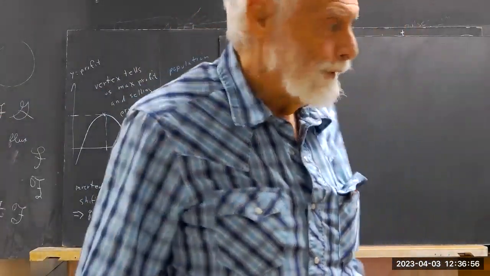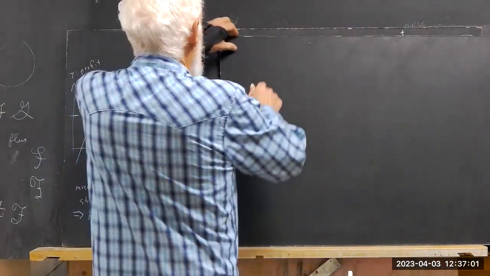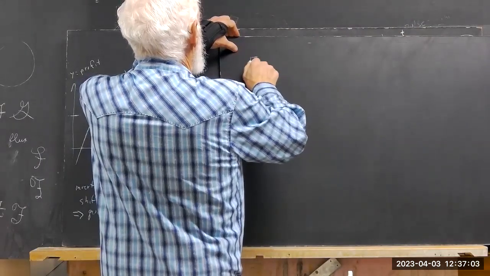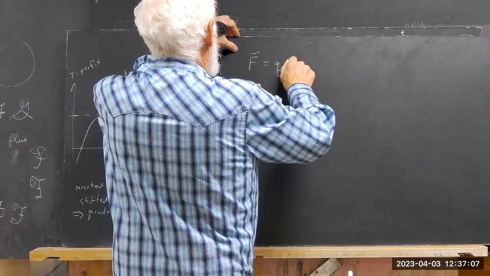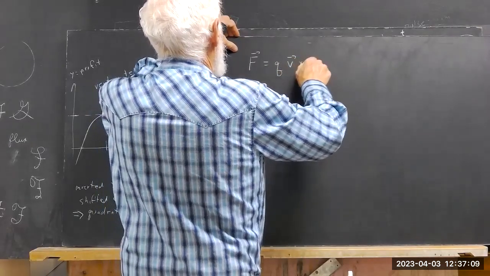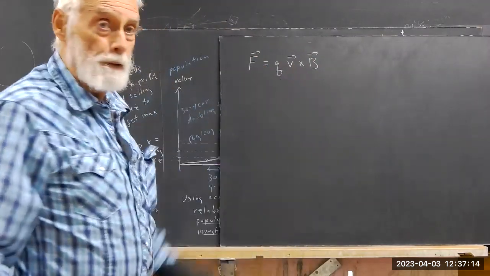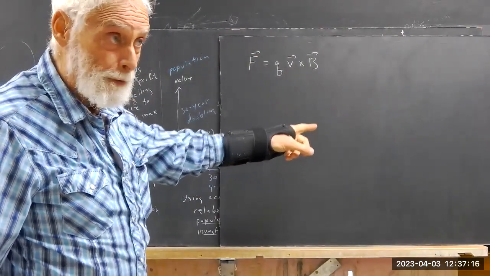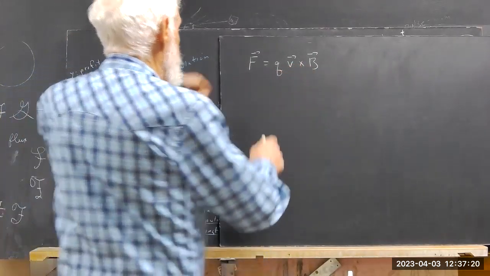So the rule is pretty simple. The force is Q V cross B, V being the velocity, B being the magnetic field.